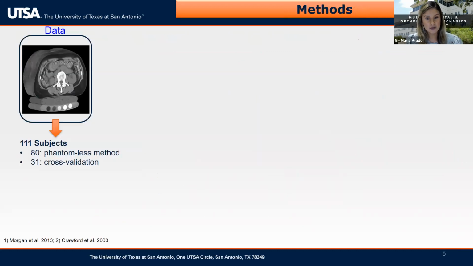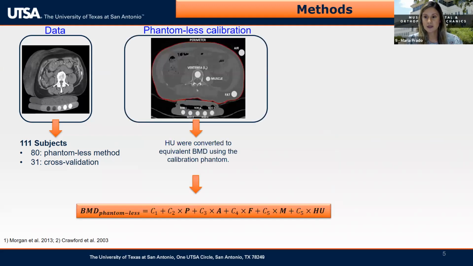As part of the methods, we used a total of 111 subject CT scans. 80 of the total scans were used for the development of phantomless calibration equations, while the remaining 31 scans were used for cross-validation. Then a series of phantomless calibration equations were developed based on the Hounsfield units measured from different tissues and regions, including the air, the fat, the psoas muscle, and the perimeter of the subject.